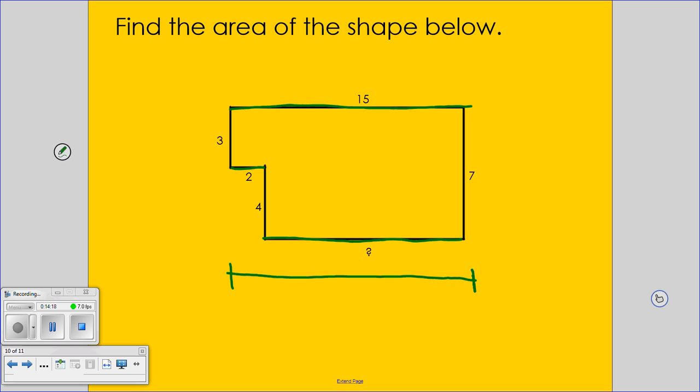Don't make it harder on yourself. It should not be farther than 15. It needs to be the exact same length, so that I know how long that line is. If I just draw a random line, I don't know how big it is. It needs to be the exact same line as 15 up there.